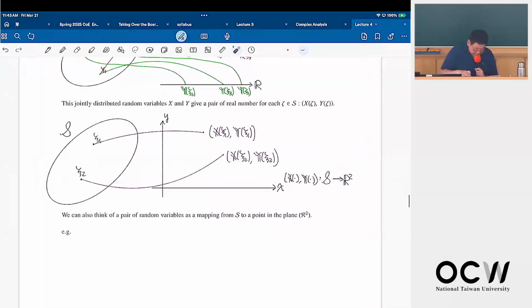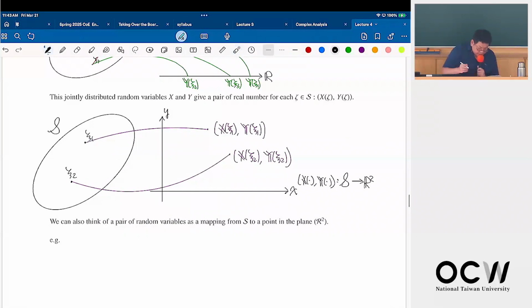Let's see an example. Here I have a sample space. This sample space is from 0 to 2 pi, and we have a theta. First, theta maps to cosine.